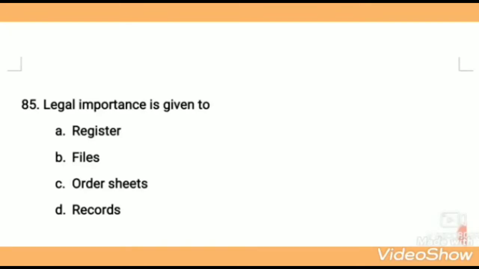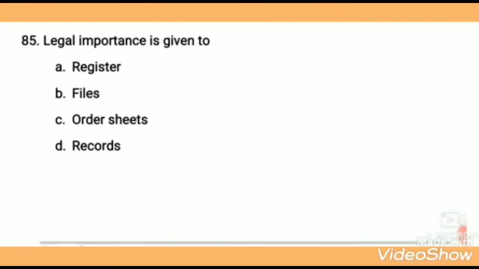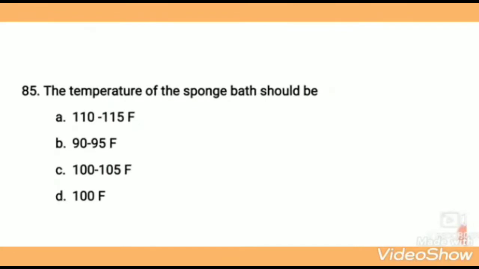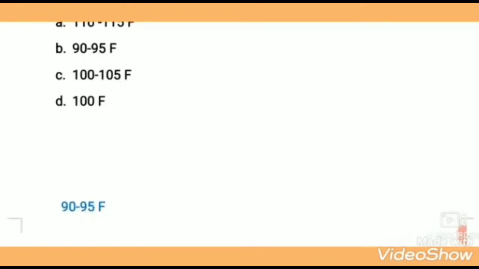The correct answer, legal importance is given to records. Next question. The temperature of the sponge bath should be 110 to 115 degrees Fahrenheit, 90 to 95 degrees Fahrenheit, 100 to 105 degrees Fahrenheit, or 100 degrees Fahrenheit. The correct answer, the temperature of the sponge bath should be 90 to 95 degrees Fahrenheit.